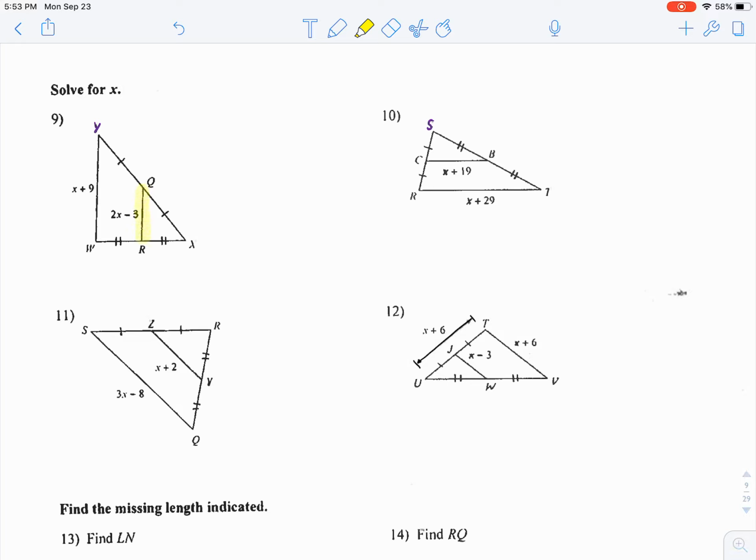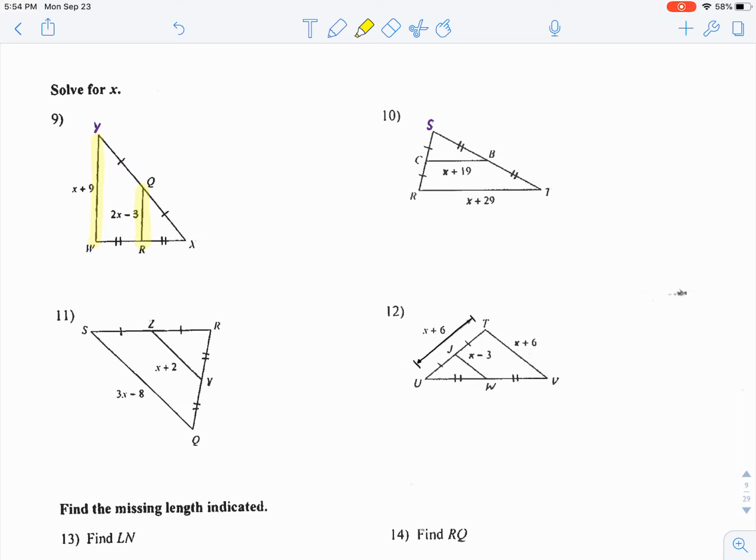Well, the mid-segment is QR. QR is the segment connecting two midpoints. We learn that QR is parallel to the third side. So QR is parallel to YW, and QR is half as long as YW.